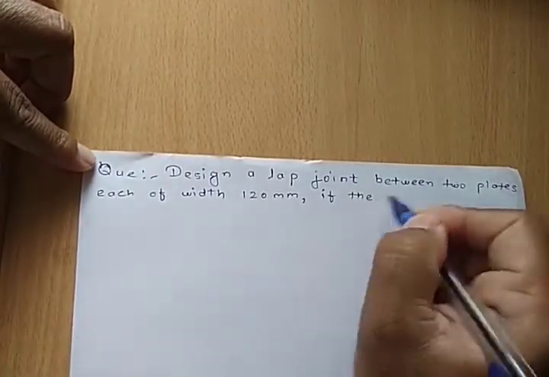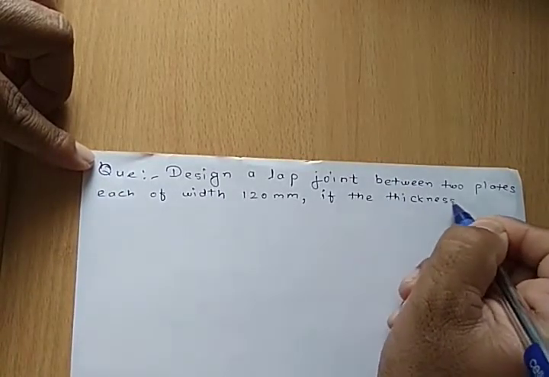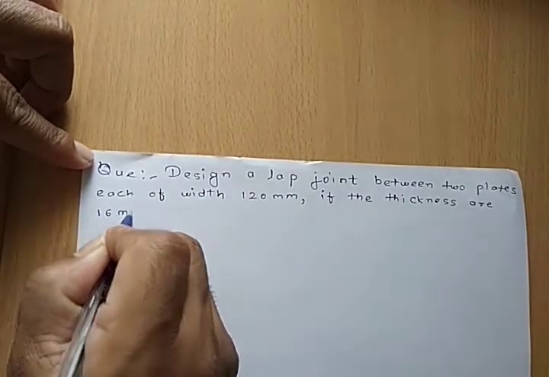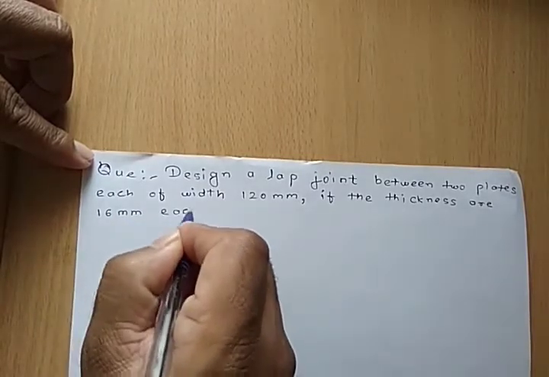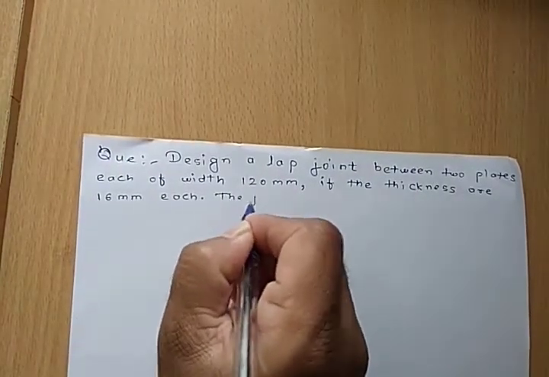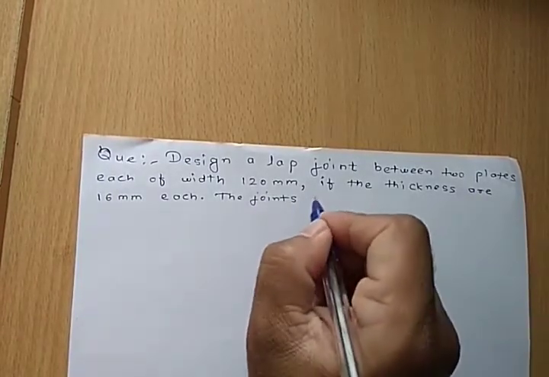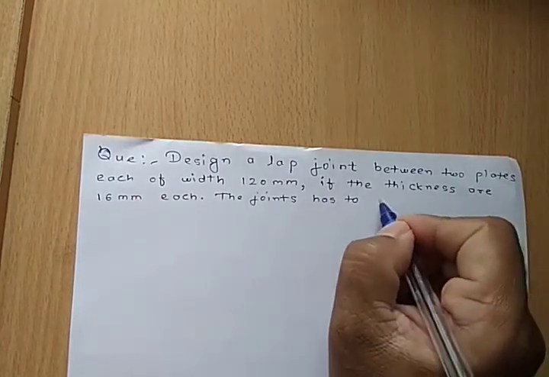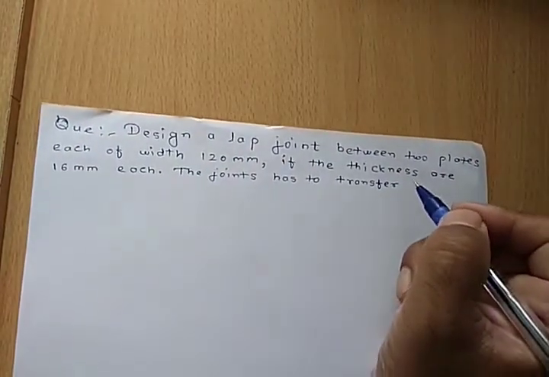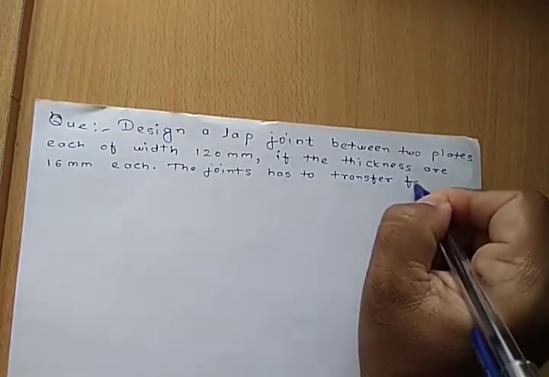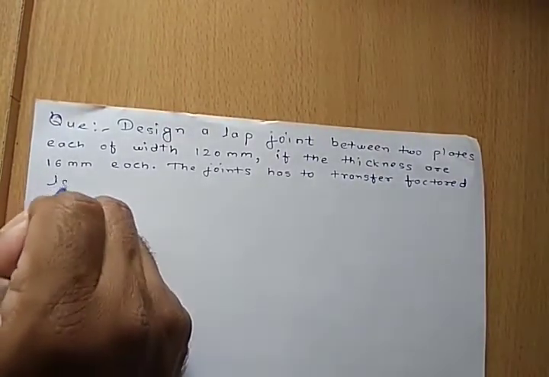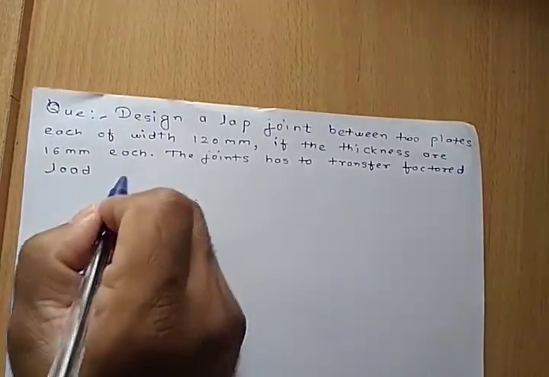If the thicknesses are 16 mm each, the joint has to transfer a factored load of 240 kilonewton.